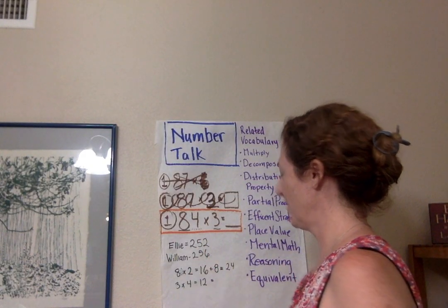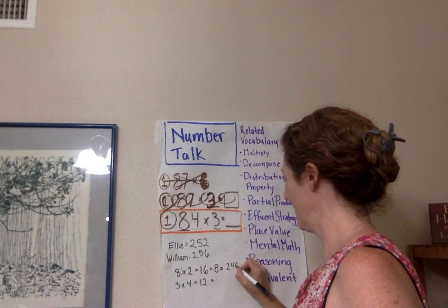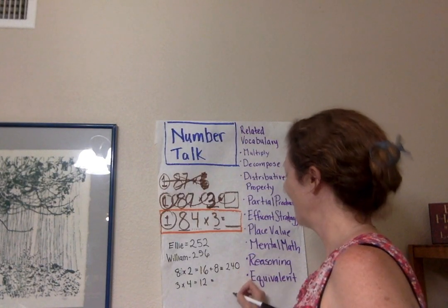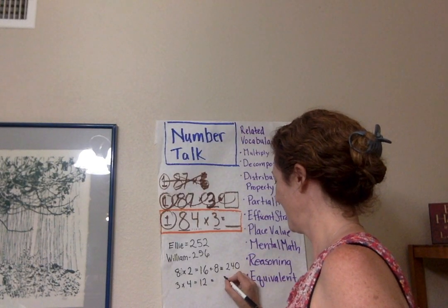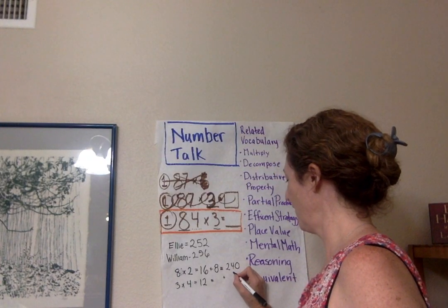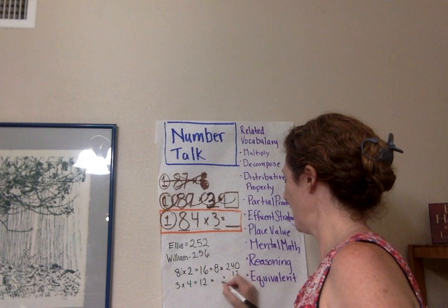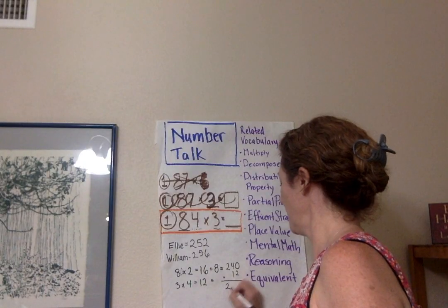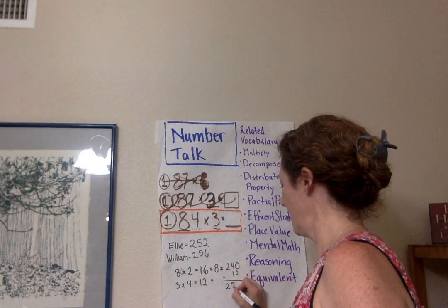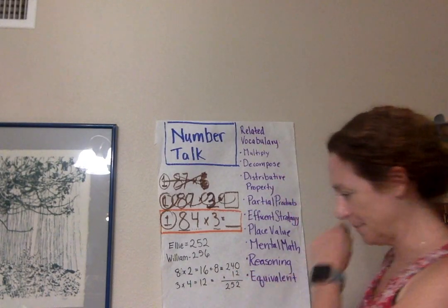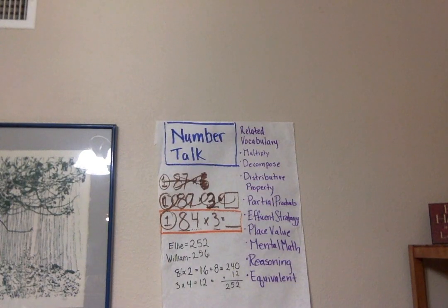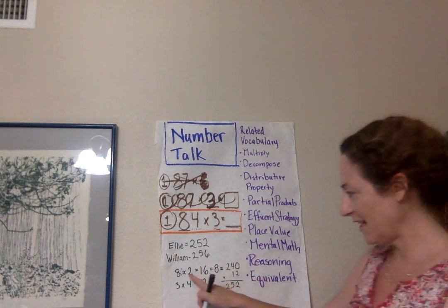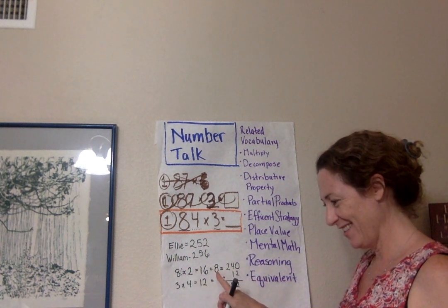So there's a 0 right there. Okay. And then I added 12. So 240 plus 12. You got 252. Very nice. Okay, William, would you like to tell me your strategy? I did the exact same. You did the same thing with the extra 8 here?